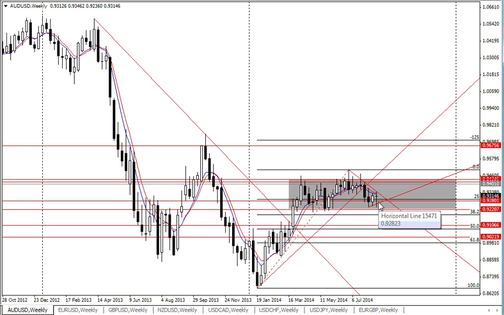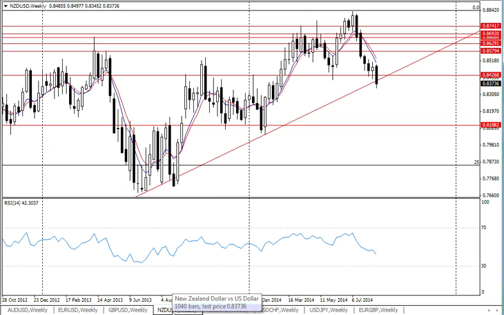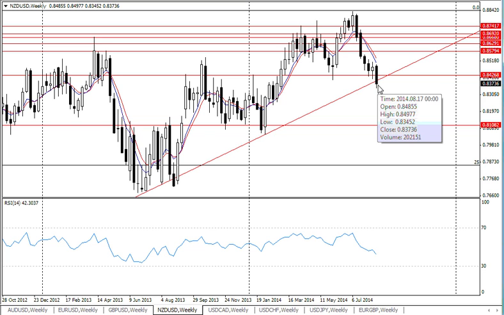And as I said, this Aussie is much stronger than the Kiwi right now. And we're getting some movement in the Kiwi that's more bearish. But what we would do is look at the Kiwi here and make sure that we don't break this low.